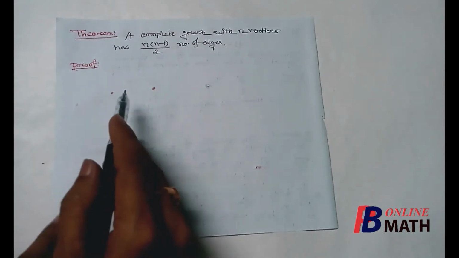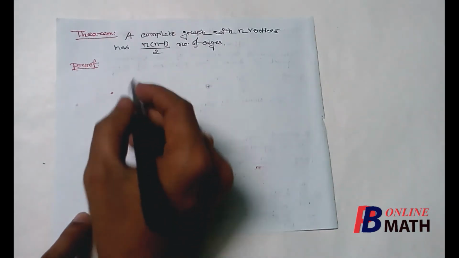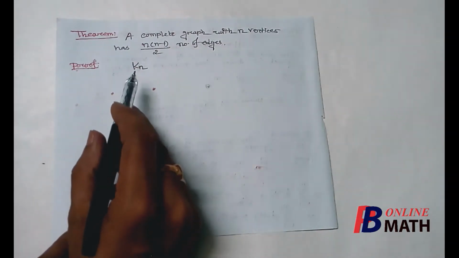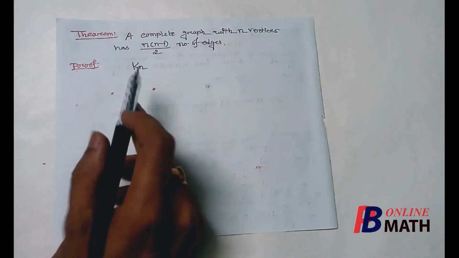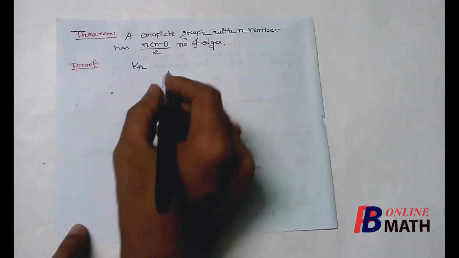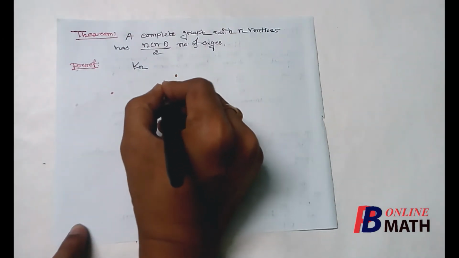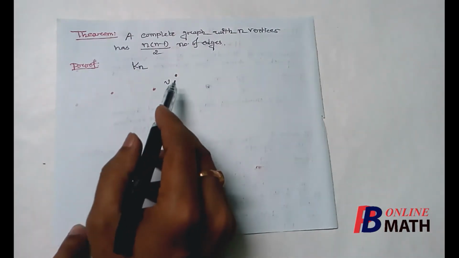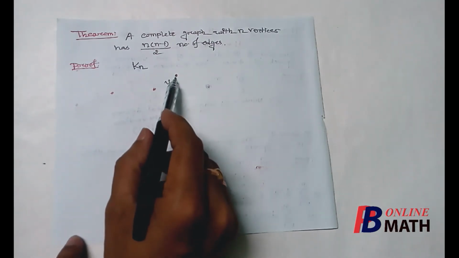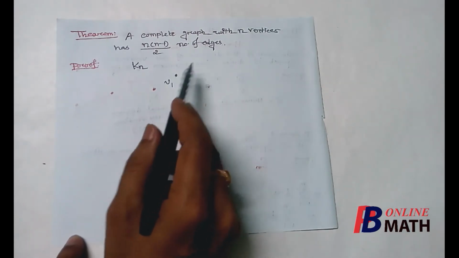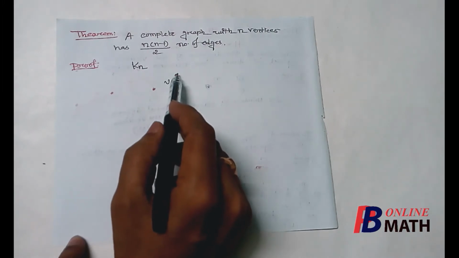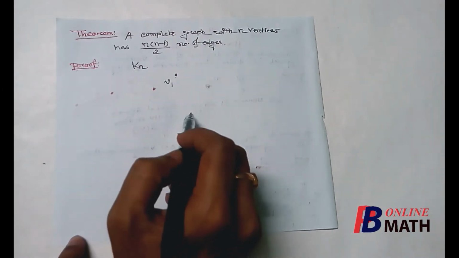We know that a complete graph with n vertices is denoted by Kn. So we shall find the number of edges in this graph Kn. So n is the number of vertices and we know that the graph is complete. So suppose V1 is a vertex. If the graph is complete, then this vertex V1 is connected to all the remaining vertices. So this V1 is connected to V2, V3, V4 up to Vn.